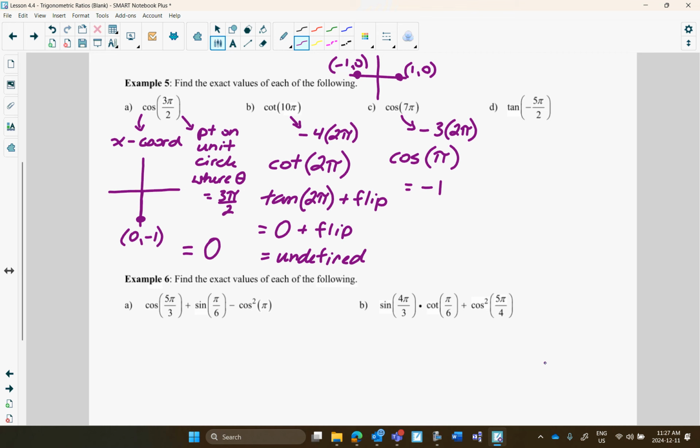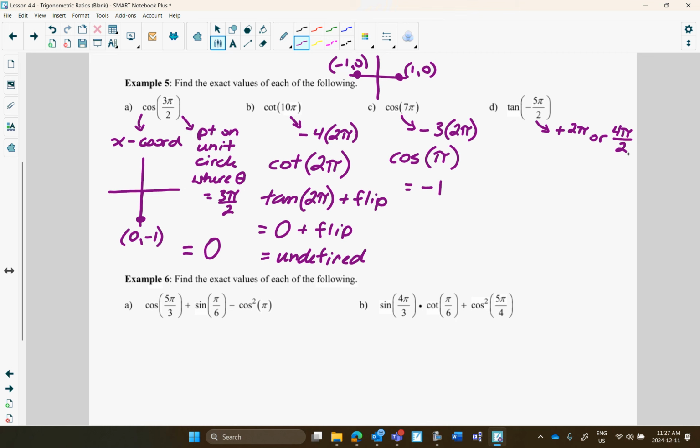And this one, tan's good, but the angle, I need to find a coterminal angle. Plus 2 pi, but I have to change that to a fraction over 2. 4 pi over 2. But how many of those do I have to add? What's -5 pi over 2 plus 4 pi over 2?